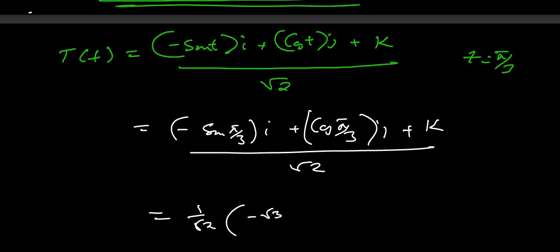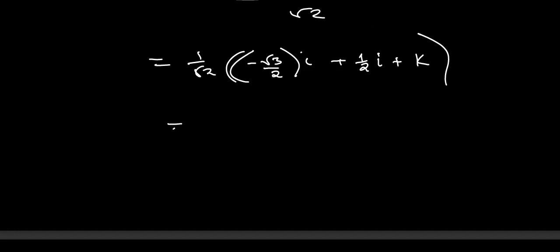It's going to carry a negative because of the sign outside. Then cos 60 should be half. Then you have a k this side. So this is all multiplied by 1 over root 2.